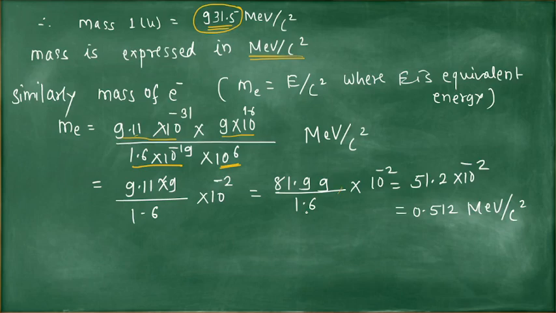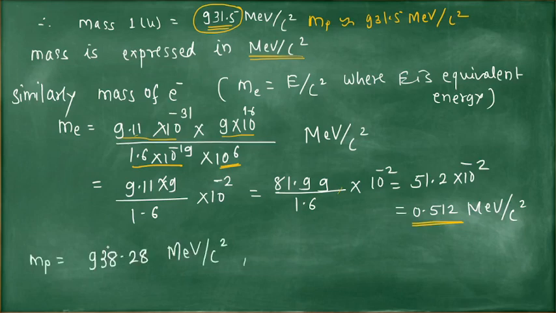By solving, this is 0.512 mega electron volt per c square. See the mass of proton is almost 931.5 mega electron volt per c square, and the mass of electron has too much difference. So mass of electron is negligible.